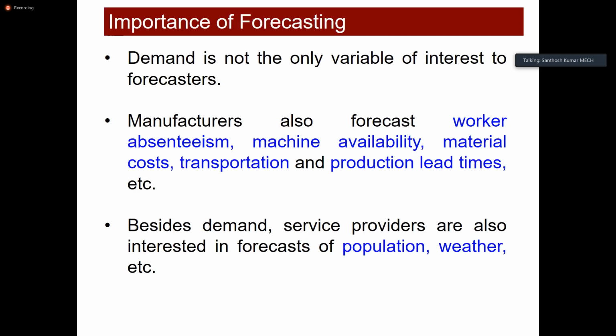For manufacturers, material cost is very important. An example is raw material like aluminum or copper.